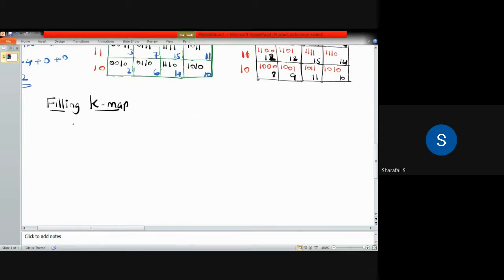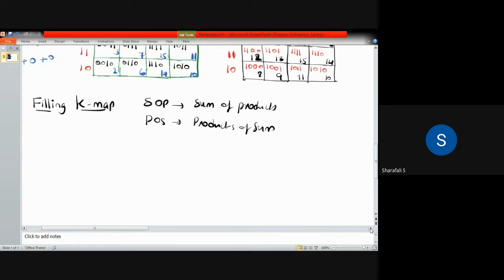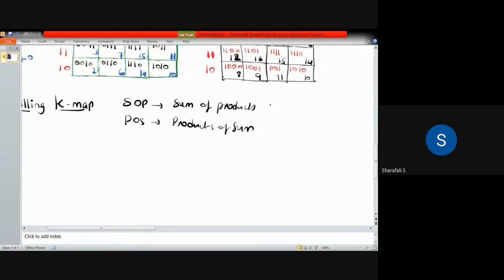So SOP form means sum of products, as you know. What is POS? POS means product of sums. Now, sum of products means something like AB plus BC plus CD.